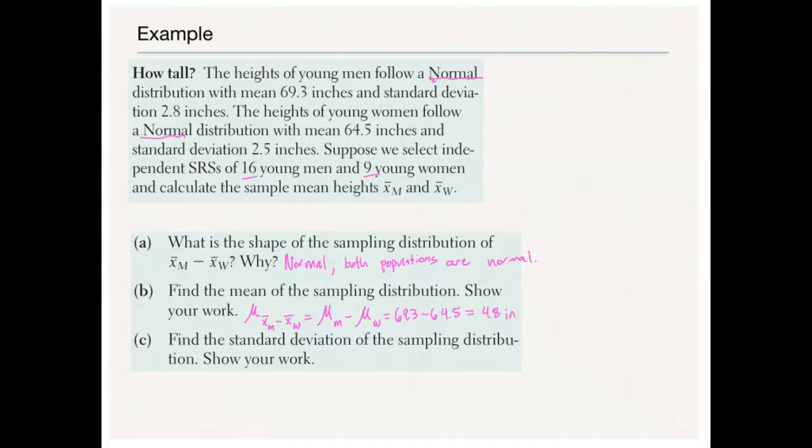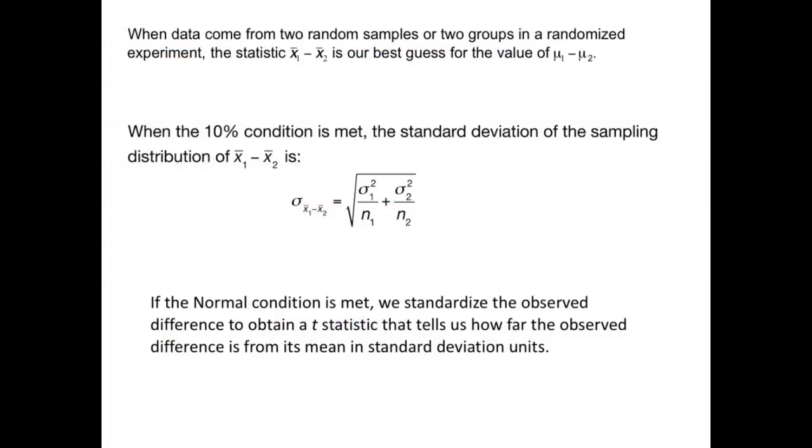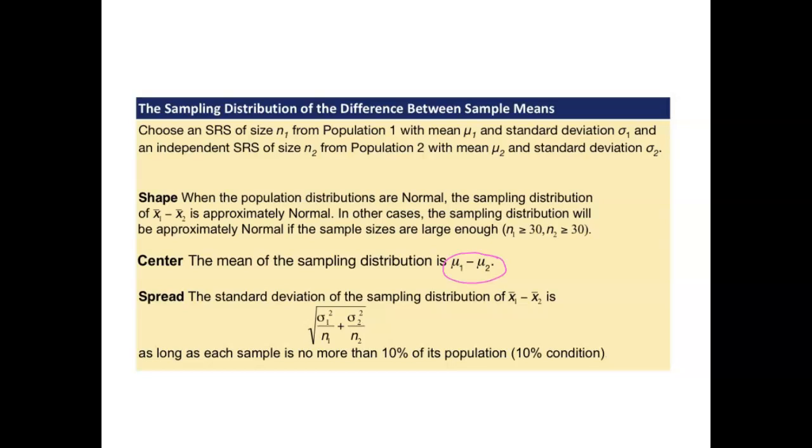All right, find the standard deviation of the sampling distribution and show your work. So sigma of x bar m minus x bar w will equal, going back to our formulas, the square root of sigma squared 1 over n1 plus sigma squared 2 over n2.